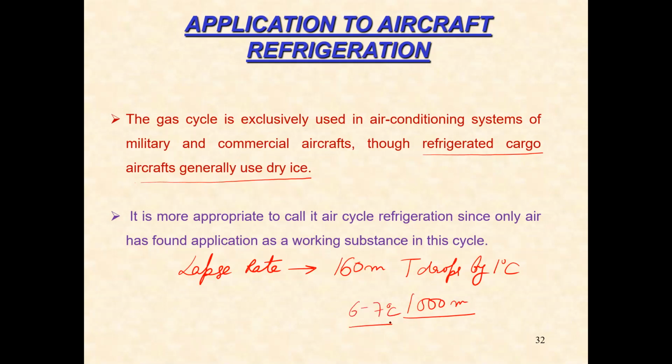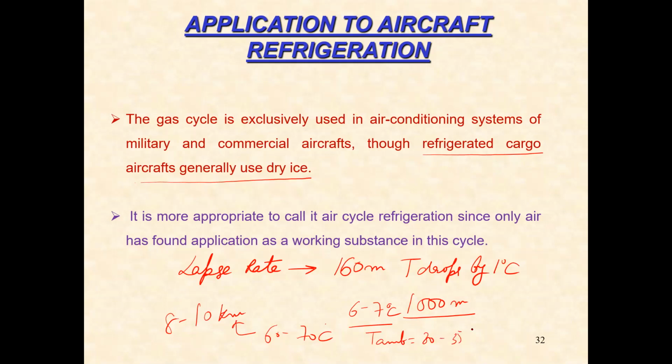And you know that an aircraft flies at a height of around 8 to 10 kilometers from the sea level surface. So you can see that there is a drop in temperature which is somewhere around 60 to 70 degrees Celsius in comparison to the ambient temperature, which may be somewhere around 30 or 35 degrees Celsius.